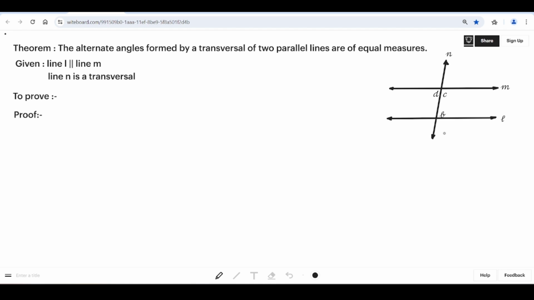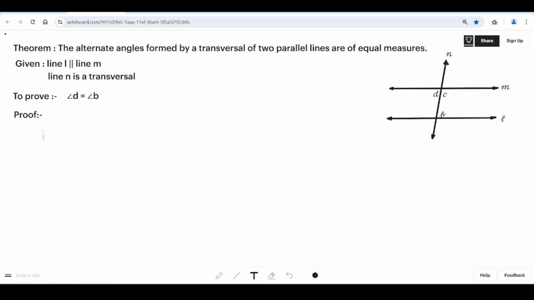That transversal forms the angles D, C and D and B, which are the interior angles. Right? So what we have to prove is that these interior angles are congruent. Angle D is equal to angle B. This we have to prove.